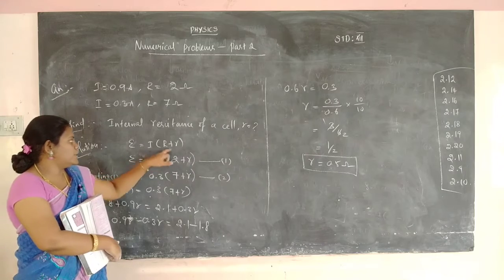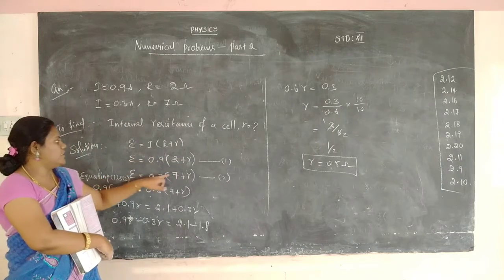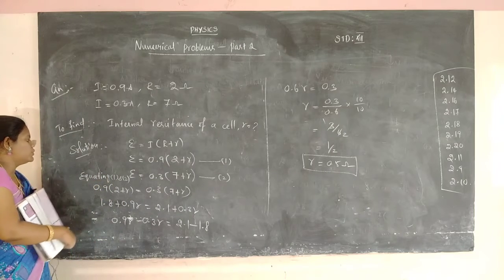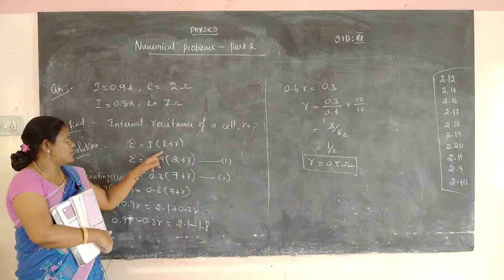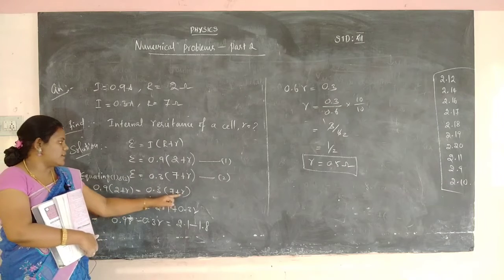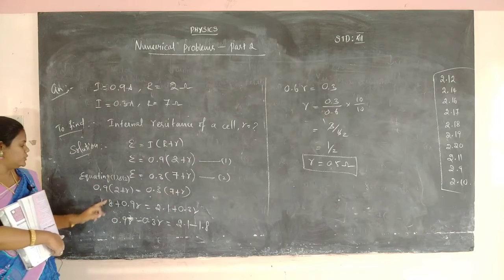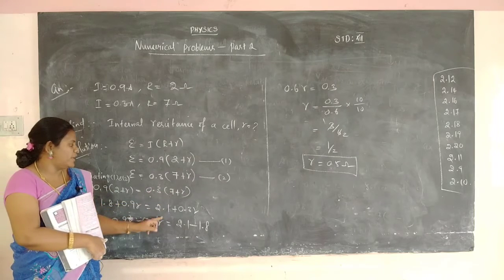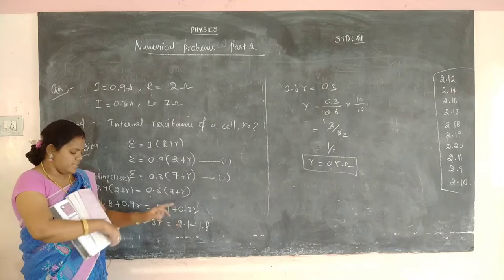E is equal to 0.9 into 2 plus r. E is equal to 0.3 into 7 plus r. Equating equations 1 and 2: 0.9 into 2 is 1.8, 0.9 into r is 0.9 r, 0.3 into 7 is 2.1, and 0.3 into r is 0.3 r.